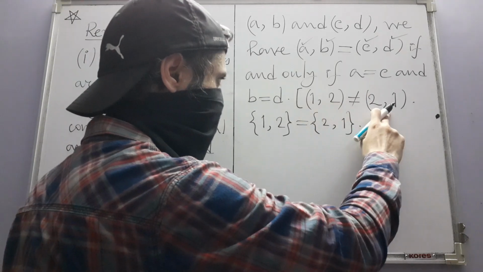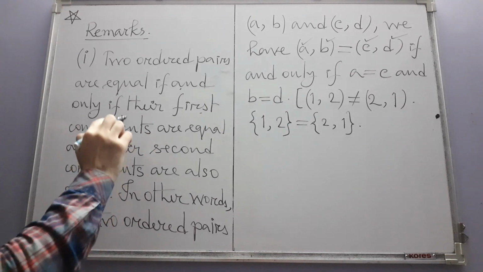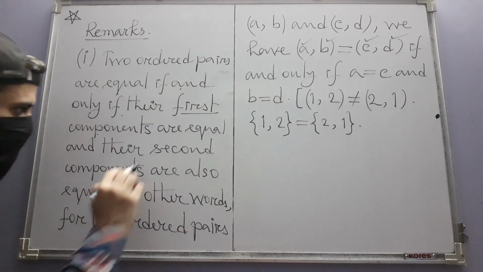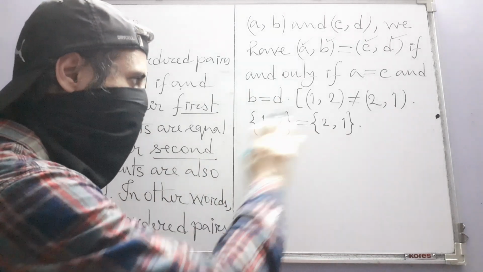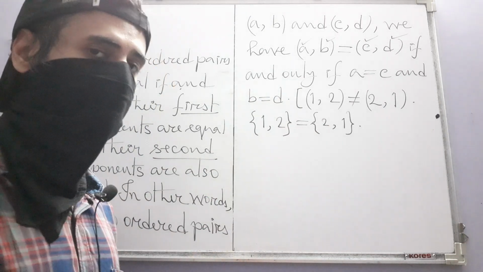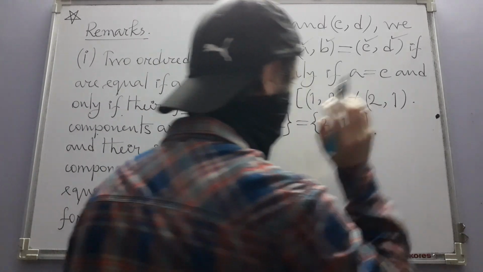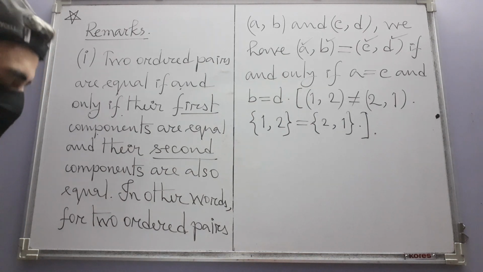But an ordered pair equality is somewhat different. There you see these words appear: first, second, which are absent here. In a set there is no first element, there is no second element. Okay, so you have to keep this condition in mind. So that is the first remark.